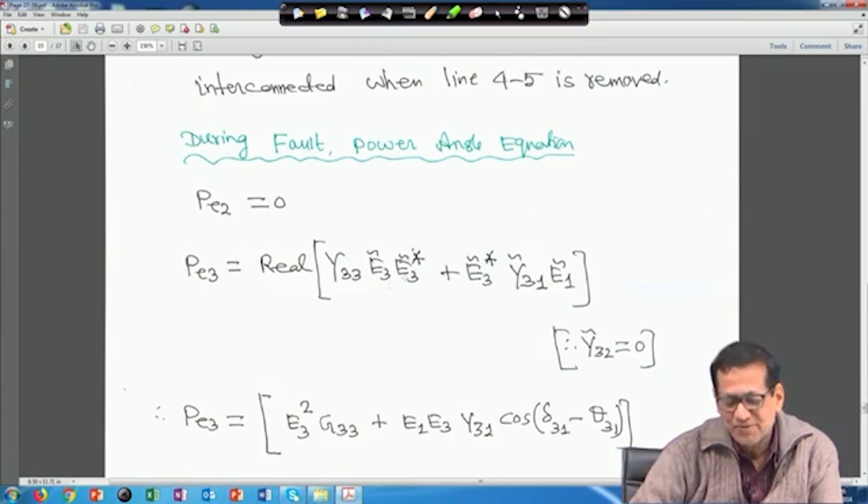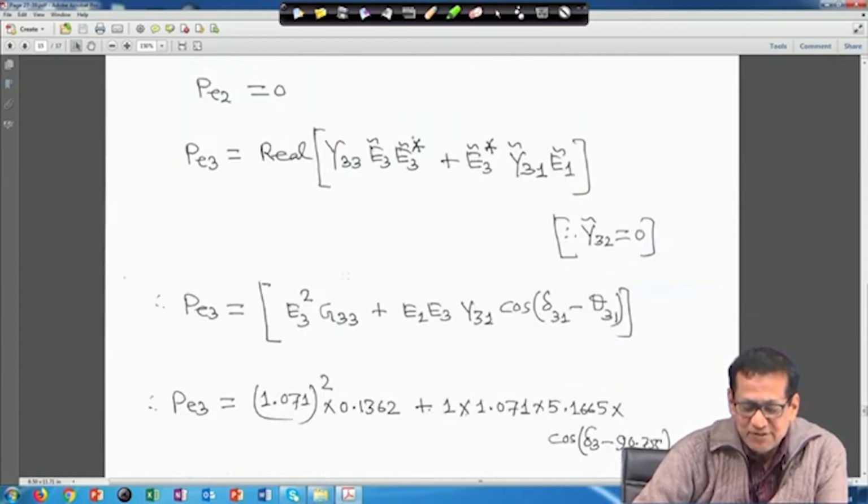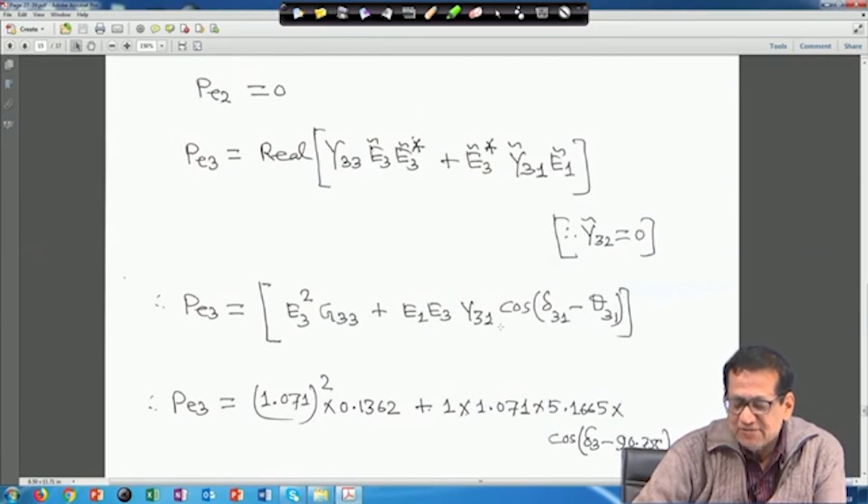You know all this from your load flow studies, so you can easily compute. Basically it will be E3 square G33, because we are writing the real part, plus E1 E3 Y31 cosine of delta 31 minus theta 31.